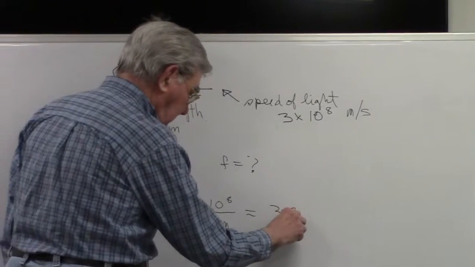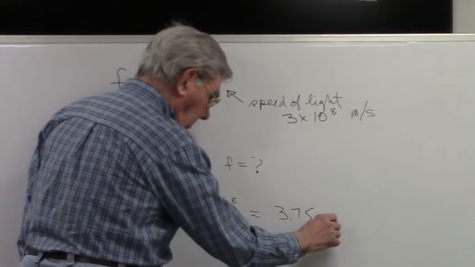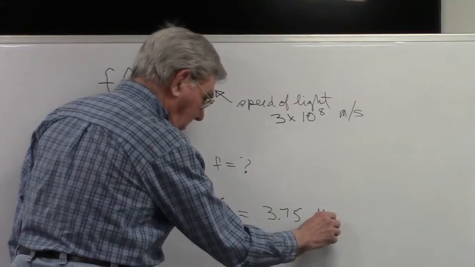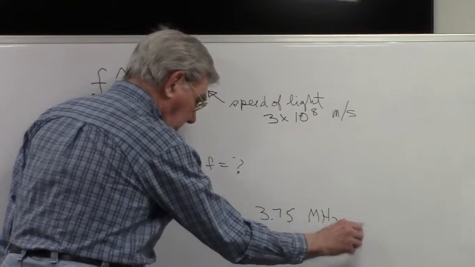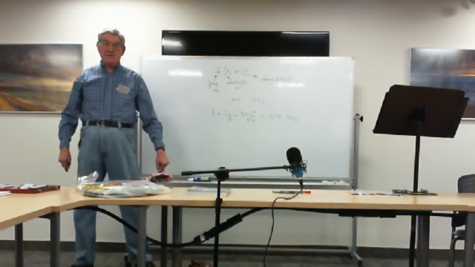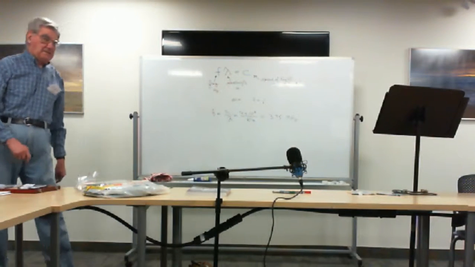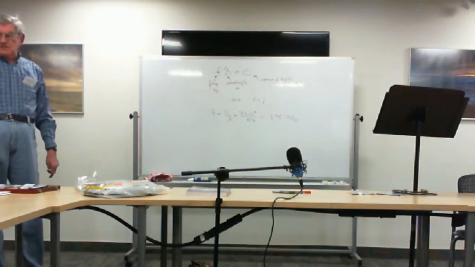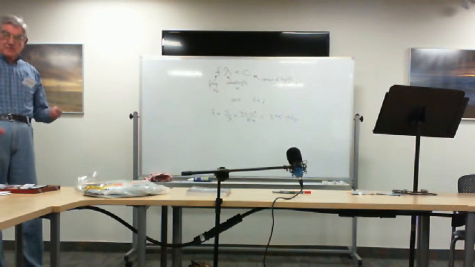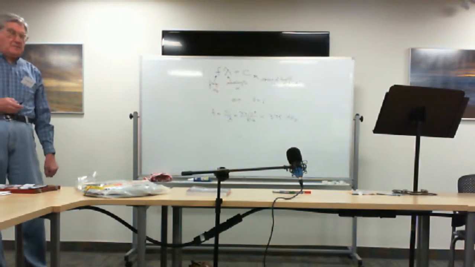That was 3.75 megahertz. The answer you'll get in your calculator, of course, is 3.75 times 10 to the 6th, and that's 3.75 megahertz. Actually, that's right square in the middle of the 80 meter band.